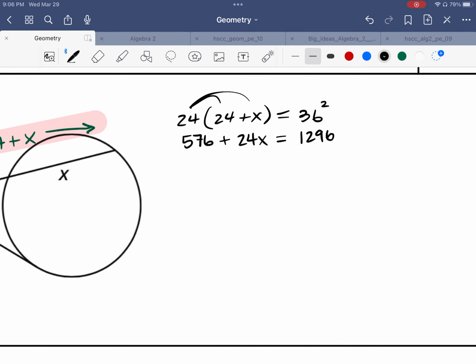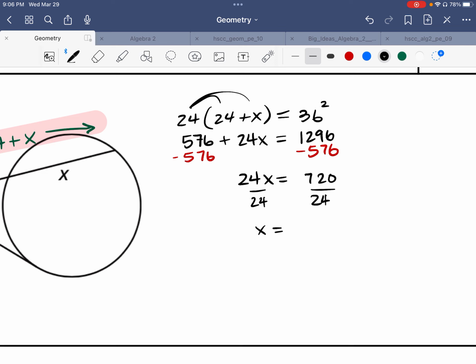Let's go ahead and solve this. Subtracting the 576 from both sides. I guess having a calculator would be nice for these larger numbers, but I think we can brute force this. 24x is equal to 720. We're going to divide both sides of the equation by 24, and we get x equals.